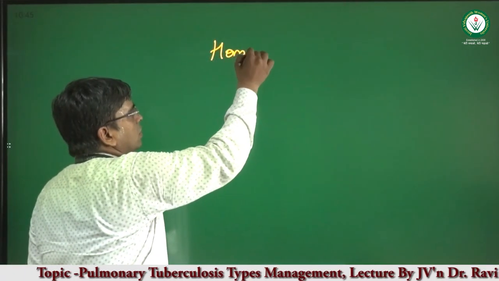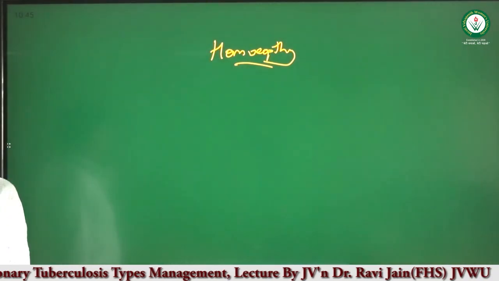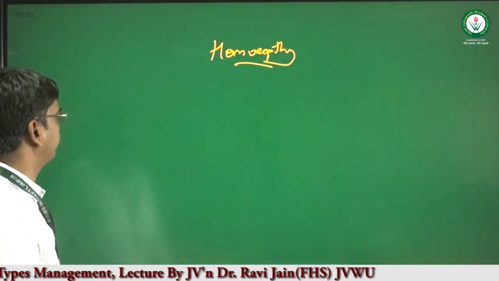Next we come to homeopathic treatment. Homeopathy has a very good role in the management of pulmonary tuberculosis. There are various homeopathic medicines which can be given on the basis of symptom similarity.